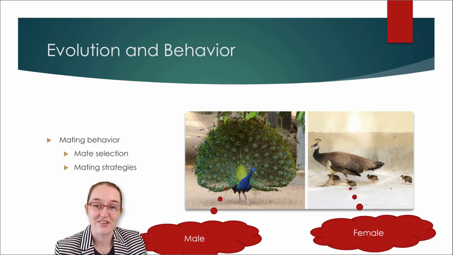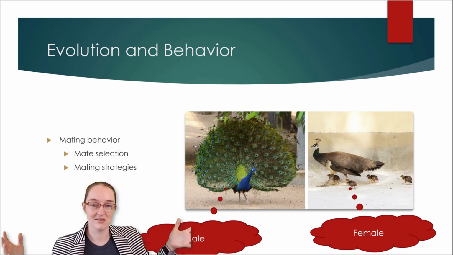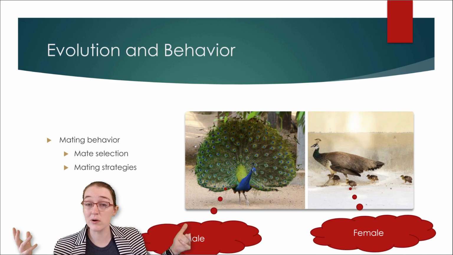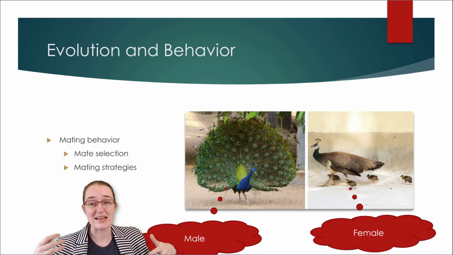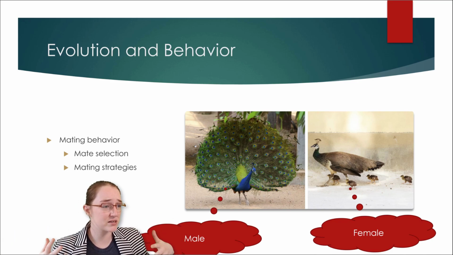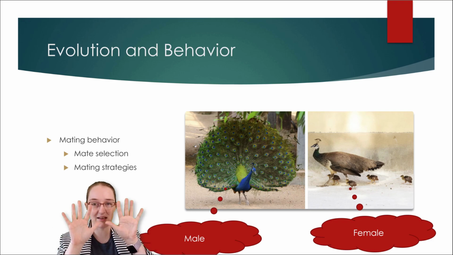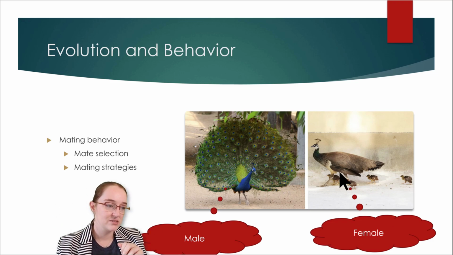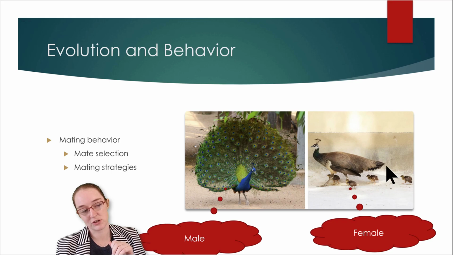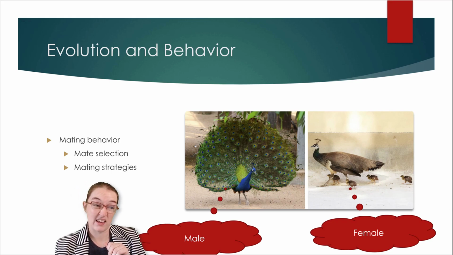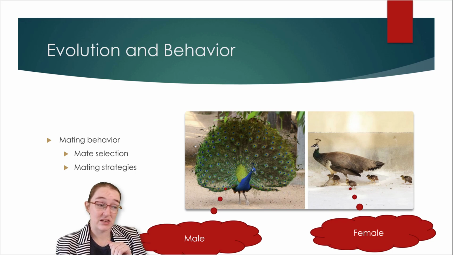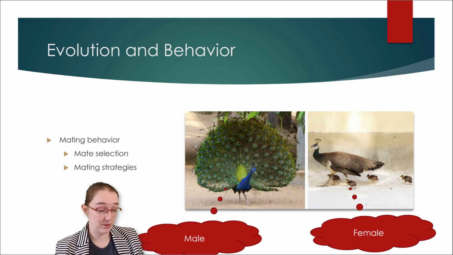They have these giant feathers that are really caloric to make and maintain. It makes it harder to avoid predators, because when the peacock tail isn't up, it folds down, and instead of how it tails off with the female, it just drags. And so it's really tough to be a male peacock.